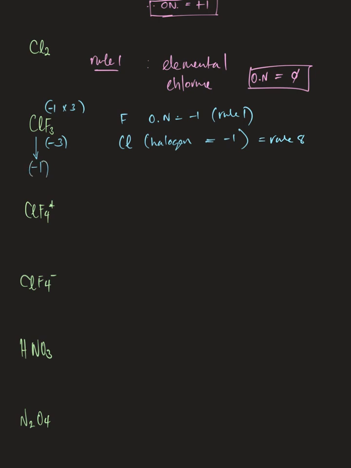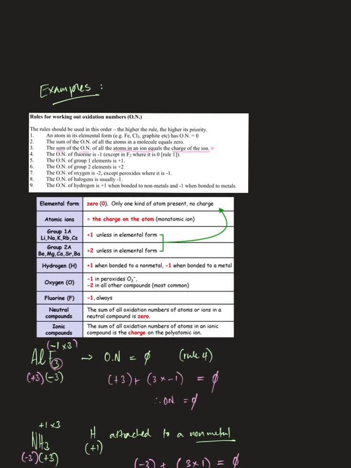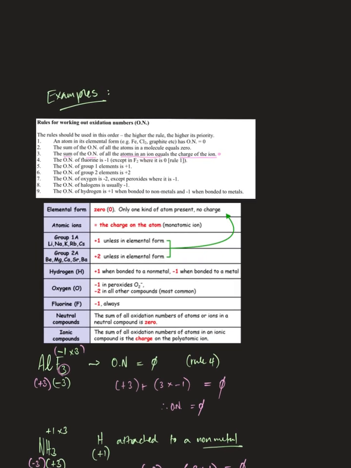But rule 2 says that the sum of all elements in a compound must equal 0, right?